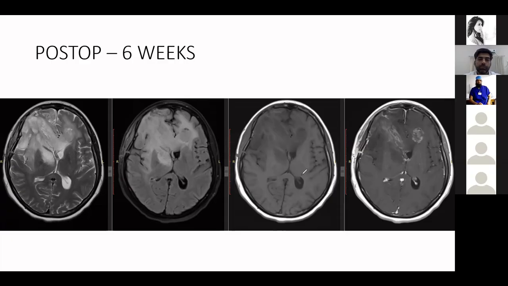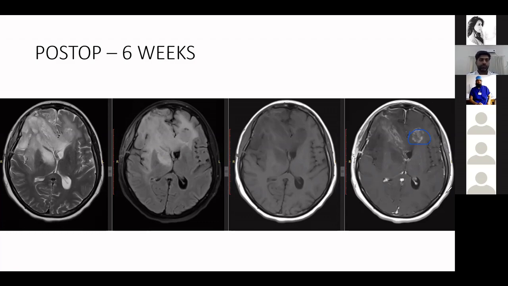So radiologist comments, please. Definitely the bulk of the lesion has reduced. The mass effect and the subfalcine herniation have also reduced. But there's a new enhancing lesion in the contralateral side, where the vasogenic edema was already there. I can appreciate that the enhancement pattern on the other side has changed its characteristics.